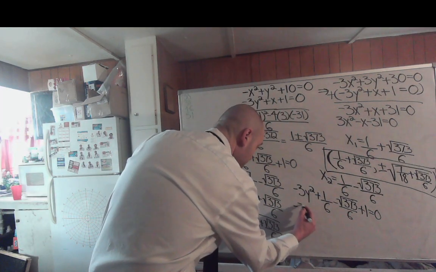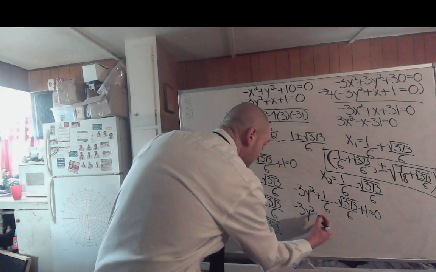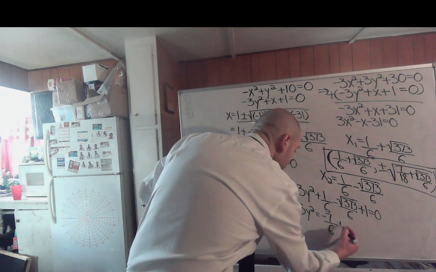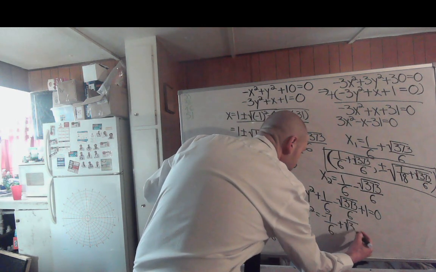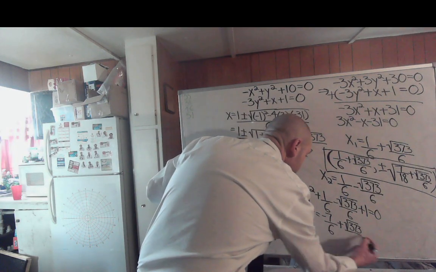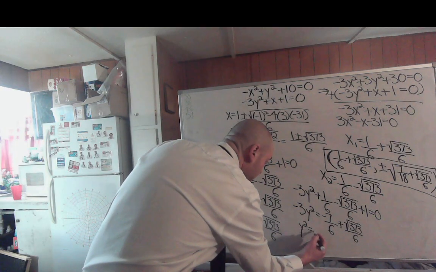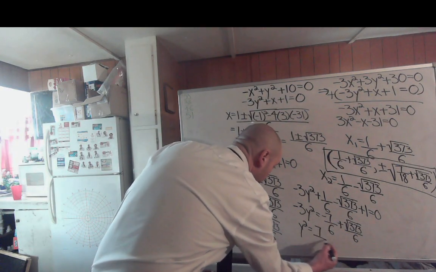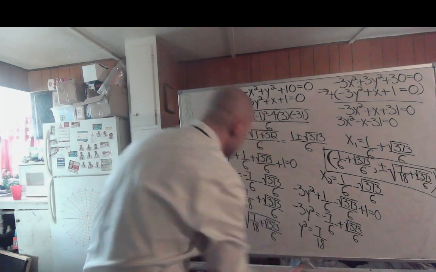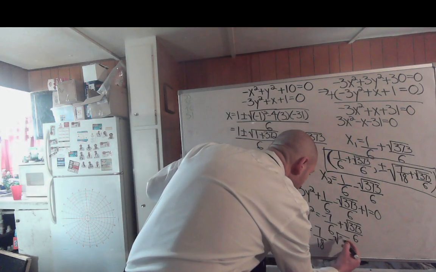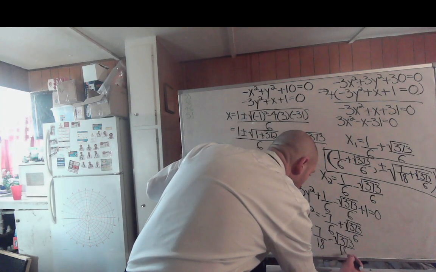So that would give you negative 3y squared equals negative 7/6 plus the square root of 373 over 6, which would have to mean then that y squared equals, again, positive 7/18, this time minus the square root of 373 over 18.